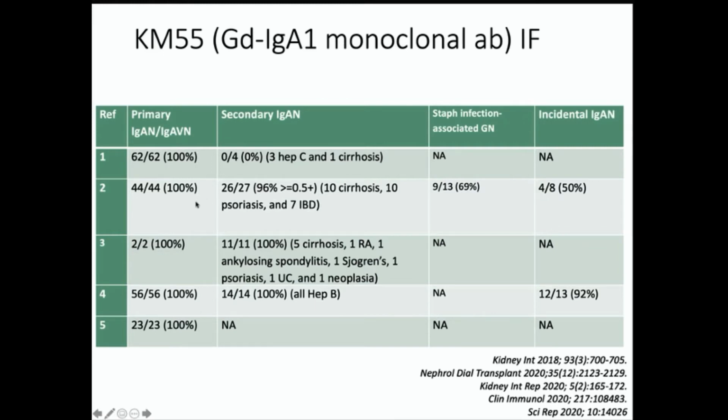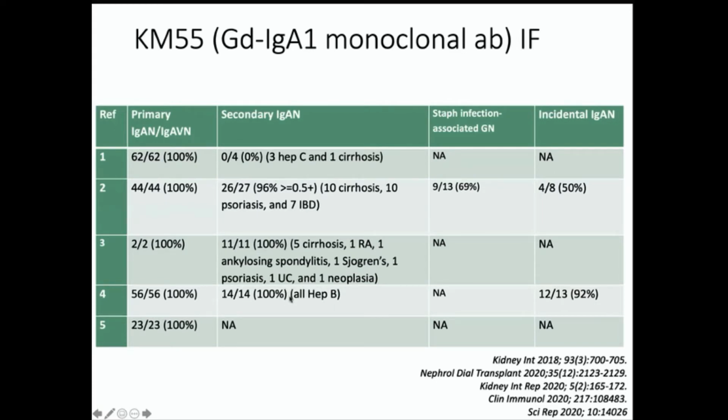For the subsequent studies, again, 100% of the cases stained for KM55 are positive for IgA nephropathy. For secondary, they have variable staining results.